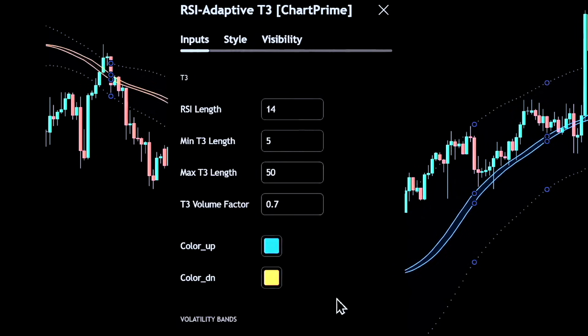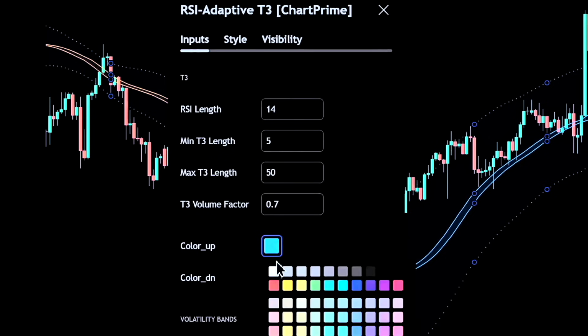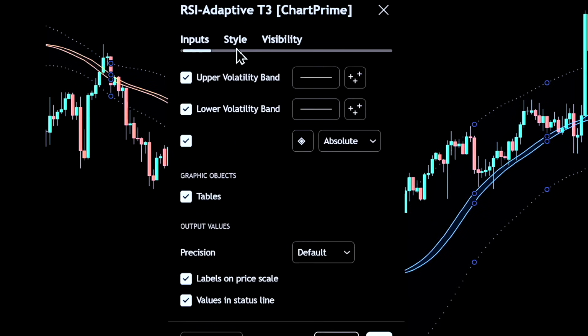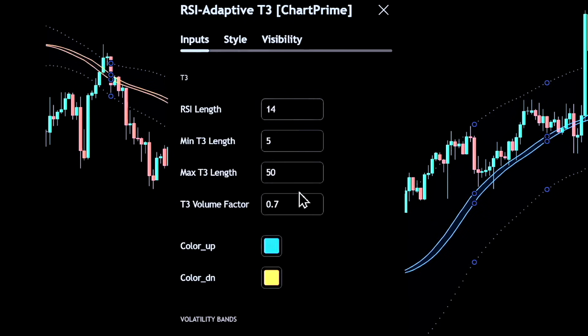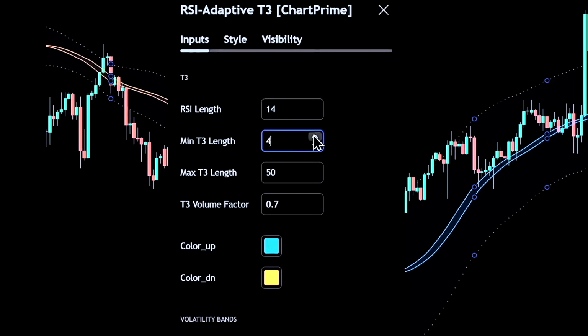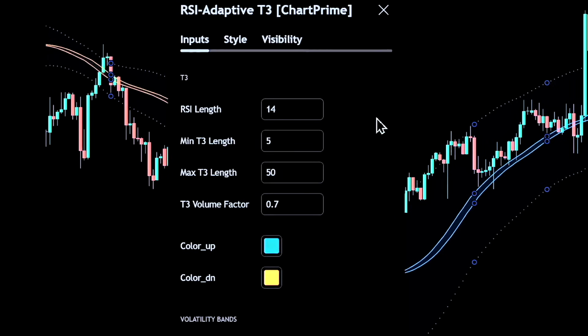As with most indicators, you can personalize the colors of the T3 line, bands, and any fill areas to suit your preferences. Scalpers might prefer a narrower range for the minimum and maximum lengths to generate quicker signals, while swing traders may opt for a broader range with longer lengths to smooth out short-term market noise. The default settings are a solid starting point, but experimenting will help you find what best fits your trading style.